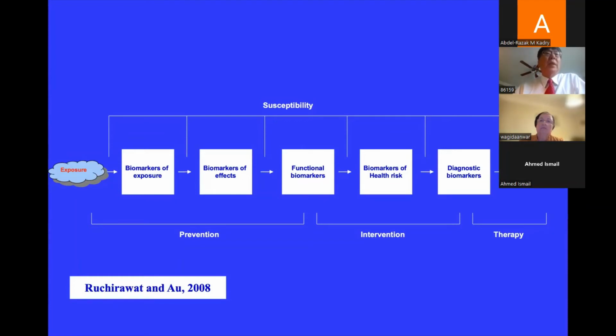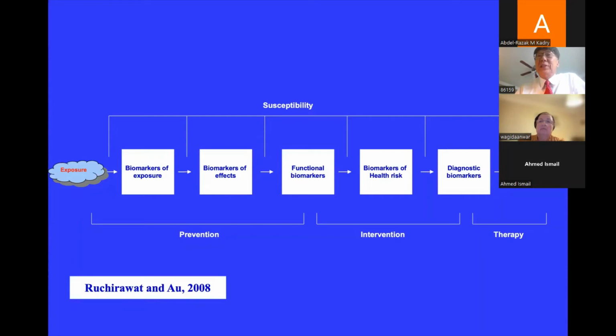Then, a little bit later on, you can measure the biomarker of effect, as certain biological effects develop, right? And later on, toxicity affects cellular function, right? And then further on, they will show markers of health risk, and then diagnostic biomarkers toward the development of cancer, right? So these are different time-dependent stages.